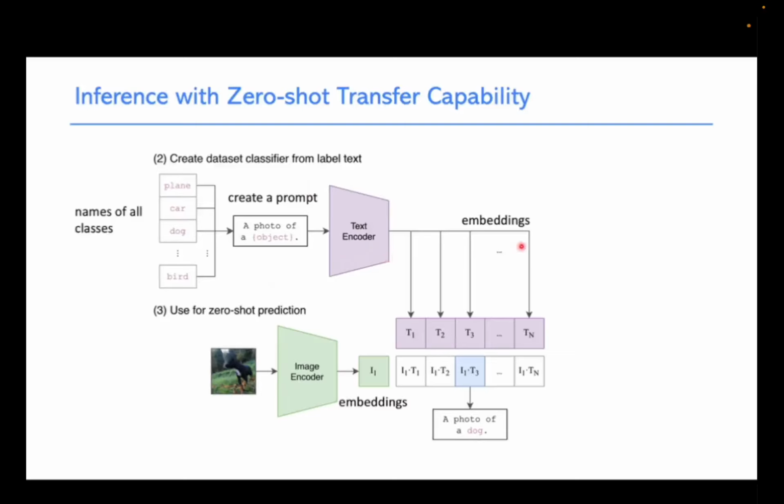And we compare those text embeddings with the image embeddings. We can find the most similar one, which should be a photo of a dog. By doing so, we can add the label, which is the dog, to the image. So that is the image classification process.